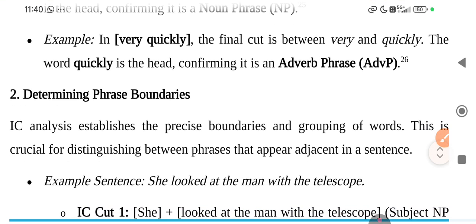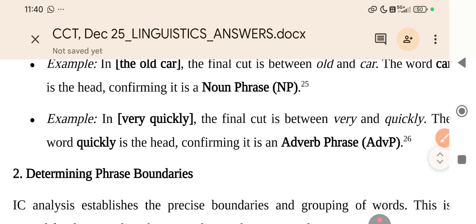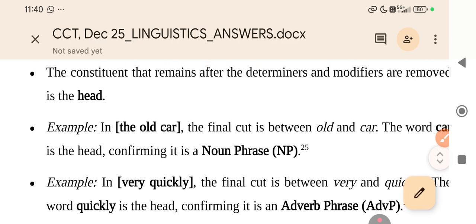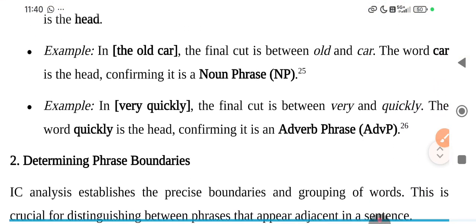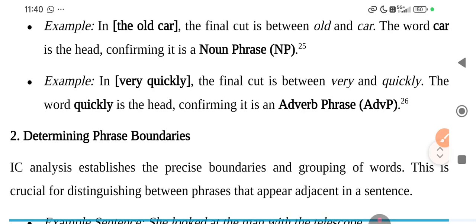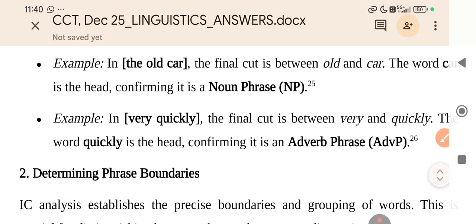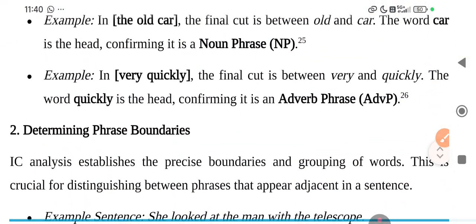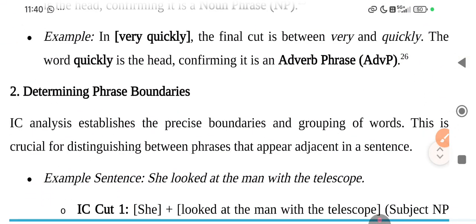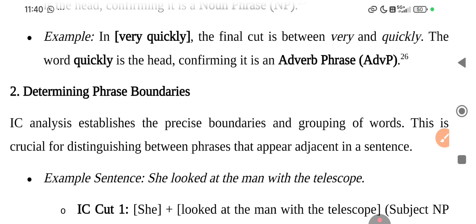Now, very quickly. In the phrase very quickly, the final cut is between very and quickly.